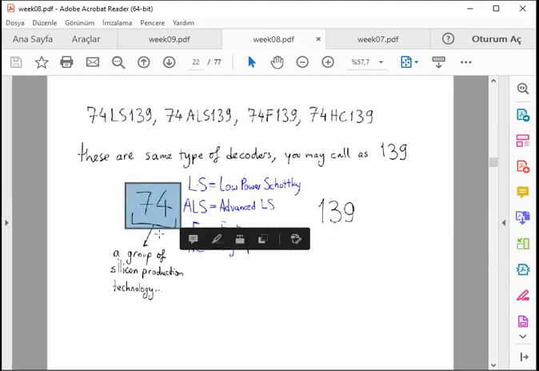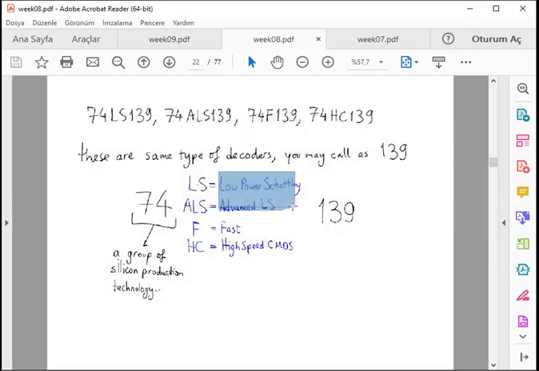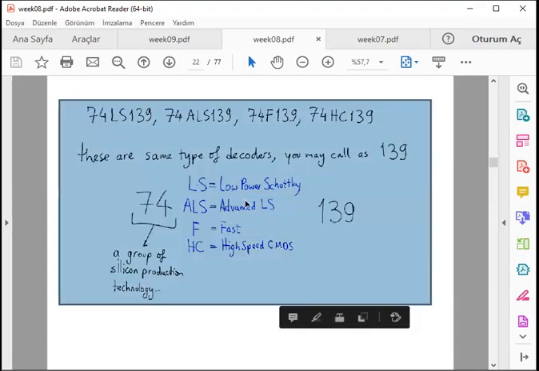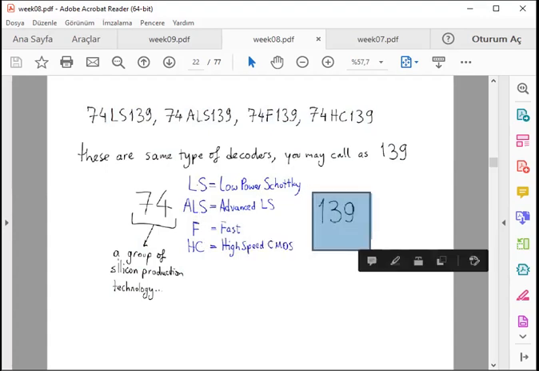Those are ordinary chips that start with the 74 family and with some character groups to designate their structure, like low power Schottky type of junctions, advanced low power Schottky, or fast type of semiconductor. So many things are different, but the logic functions are all the same, regardless of these letter groups.